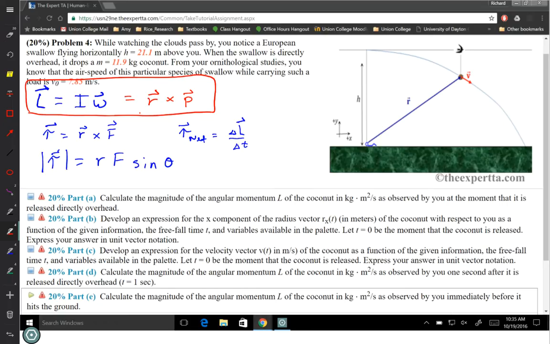you're going to say that the radius is constantly changing, right? The radius is going to be this vector here, constantly changing. But I'm multiplying the perpendicular part between the momentum and the radius. Finding the perpendicular part is kind of easy because it's going to be the closest approach, which is when it's directly overhead.